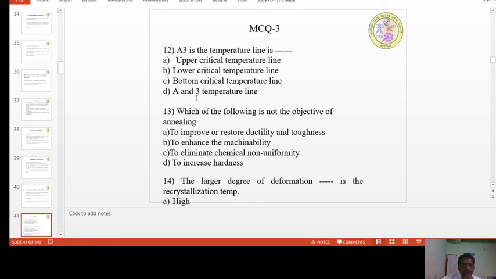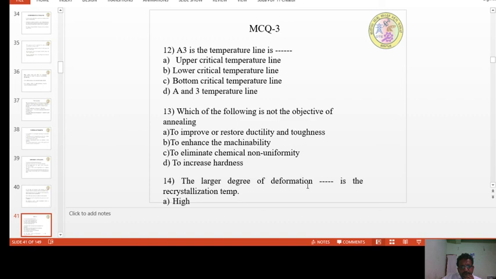Answer is A. Which of the following is not an objective of annealing? To improve or restore ductility and toughness. Yes, it's an objective. To enhance the machinability. This is also an objective. To eliminate the chemical non-uniformity. This is also an objective. To increase the hardness. So which is not an objective? Hardness cannot be increased by annealing. Hence the answer for 13 is D.